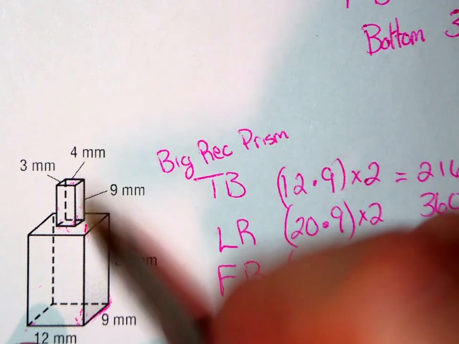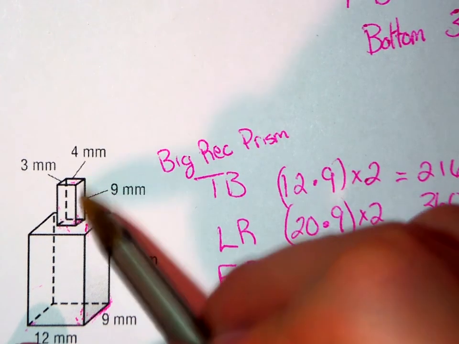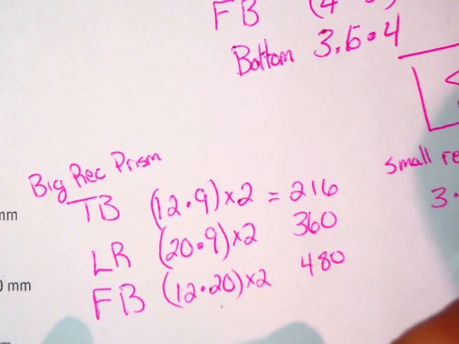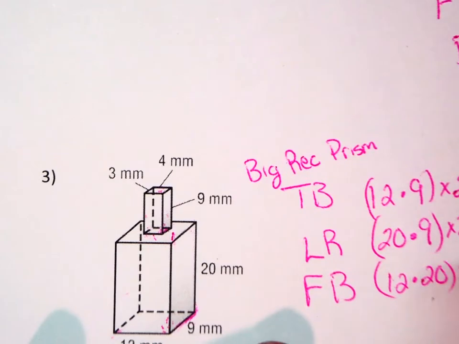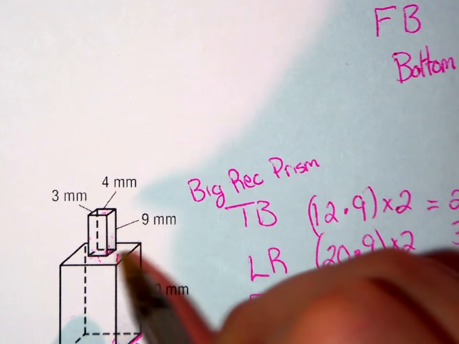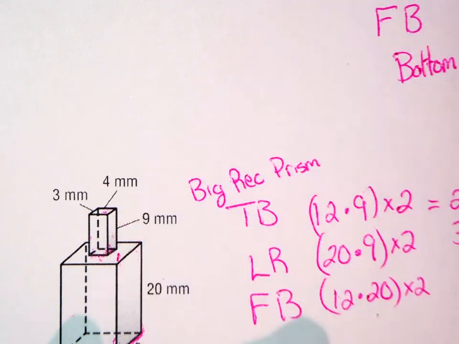So I would have one side that is 3 millimeters by 9 millimeters tall. And it would have an opposite side that's also that. So I can say times 2. I would have another side that's 4 millimeters times 9 millimeters tall.